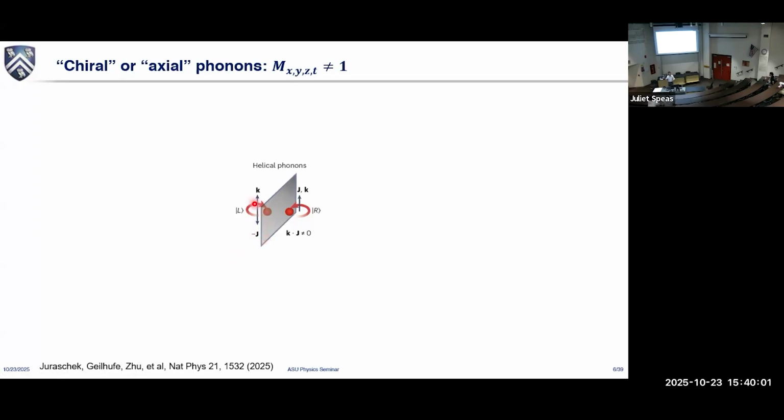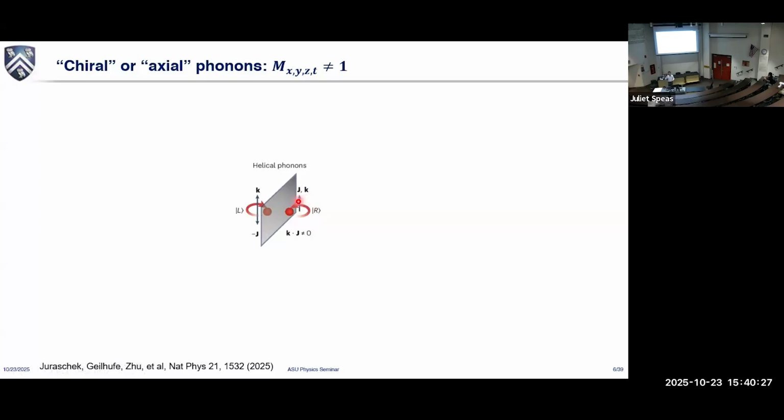The atoms in each unit cell actually move in slightly different phase. And then you can prove that this type of rotation definitely breaks, in this case, X mirror symmetry. In a similar manner, this rotation breaks Y mirror symmetry. And because there is a phase difference along the Z axis, these phonons also break Z mirror symmetry.